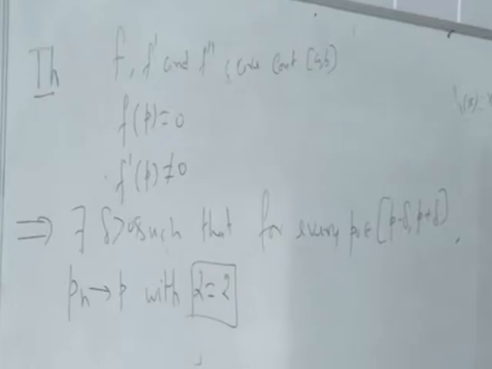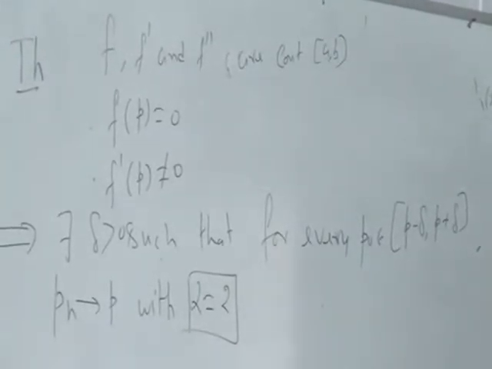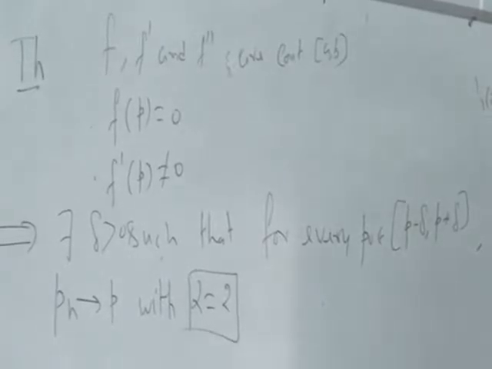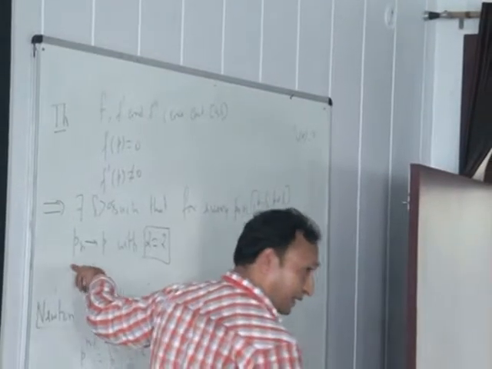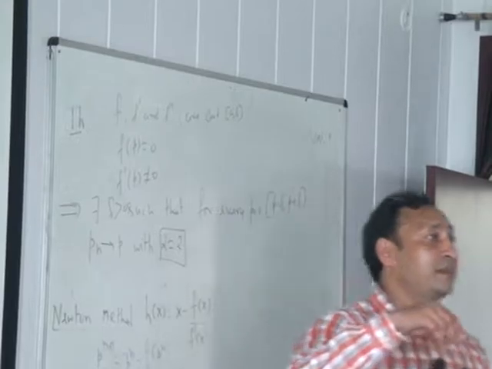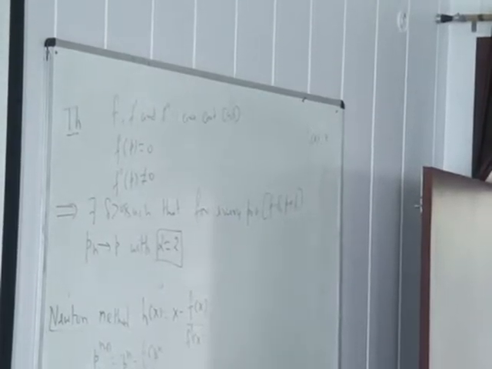But again the problem is there exists a delta. This is the big problem. Sometimes this delta may be very small. We have no control on this delta. So write down a remark: sometimes delta can be very small.